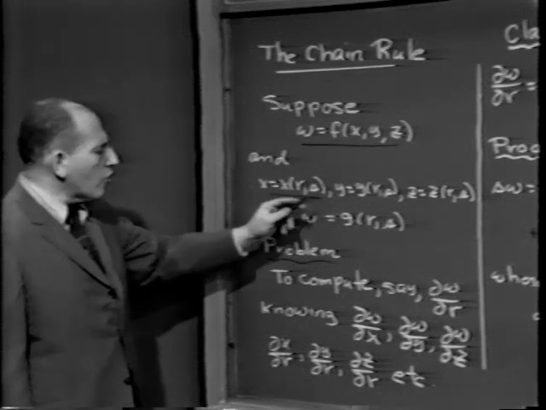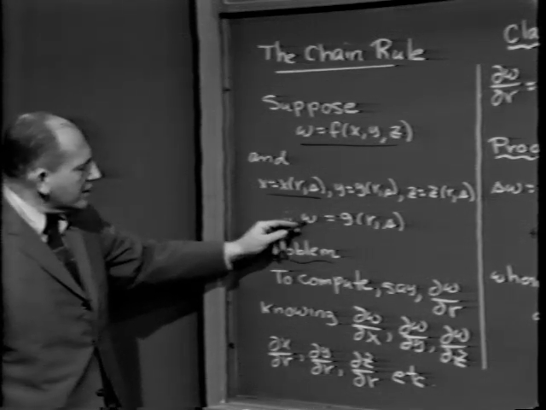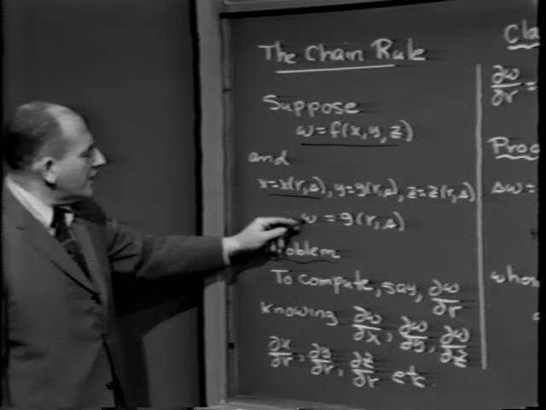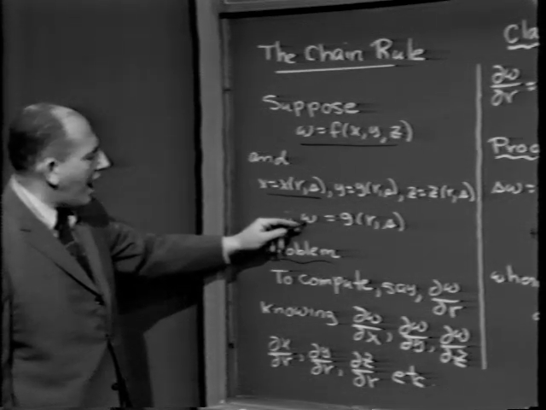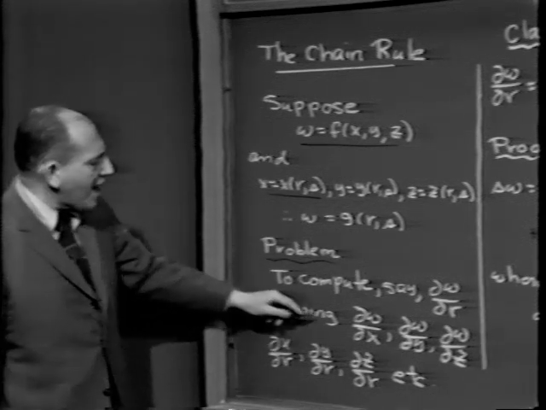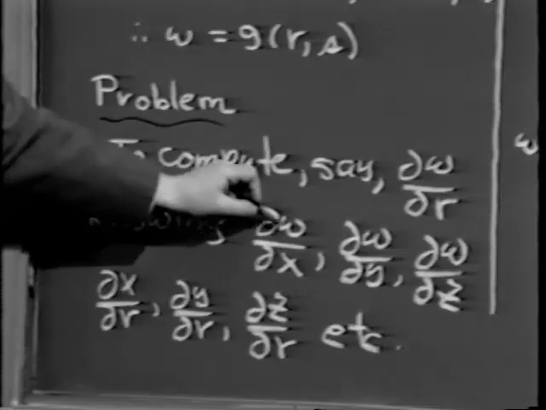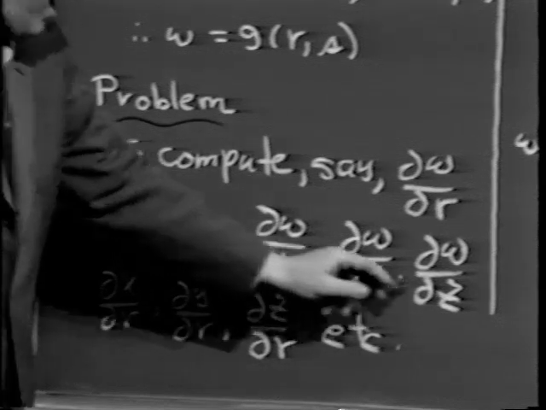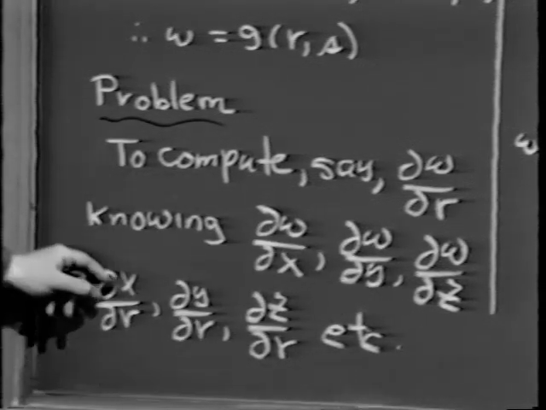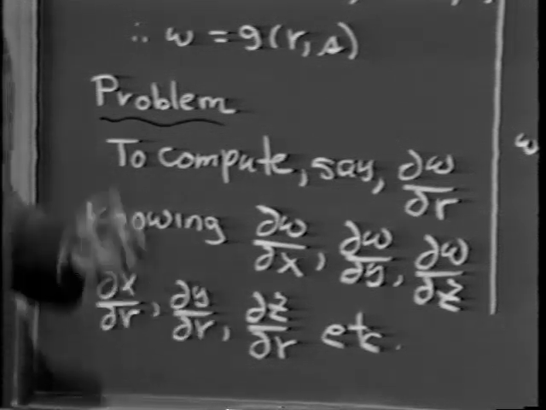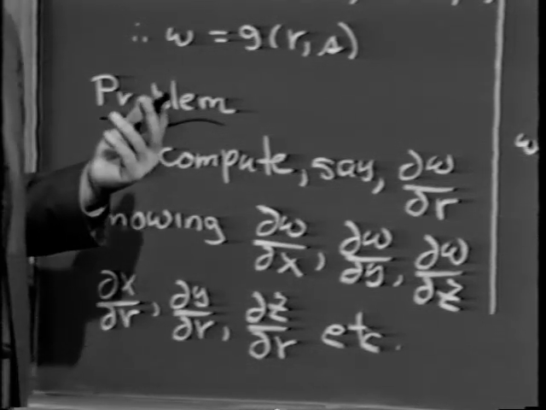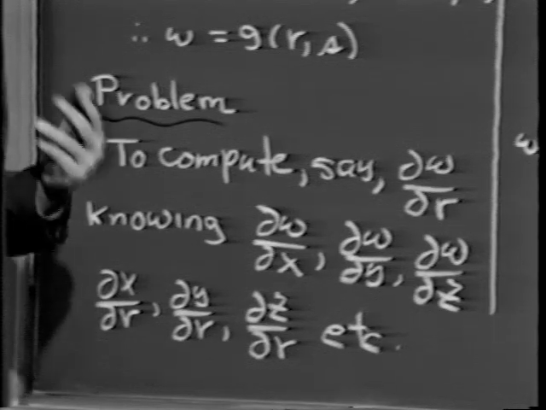Etc. In other words, what we're saying is, in this particular problem, we would like to figure out how, for example, to compute the partial of w with respect to r, knowing that we have at our disposal the partials of w with respect to x, y, and z, and the partials of x, y, and z with respect to r, etc., meaning we also have the partials of x, y, and z with respect to s.